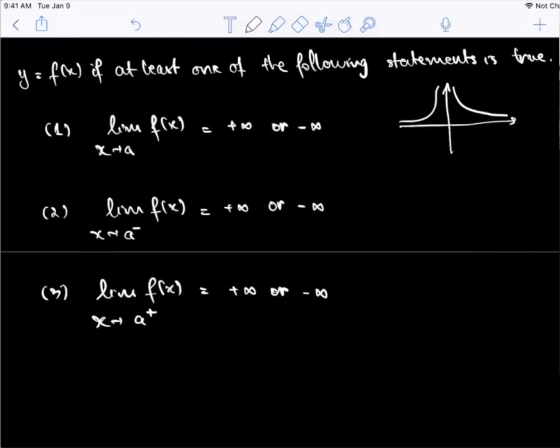You can have, let's say, the limit of the function as x approaches a from the left equal to positive infinity or negative infinity. So let me draw an example for that. This is the vertical asymptote right here. Something like that.